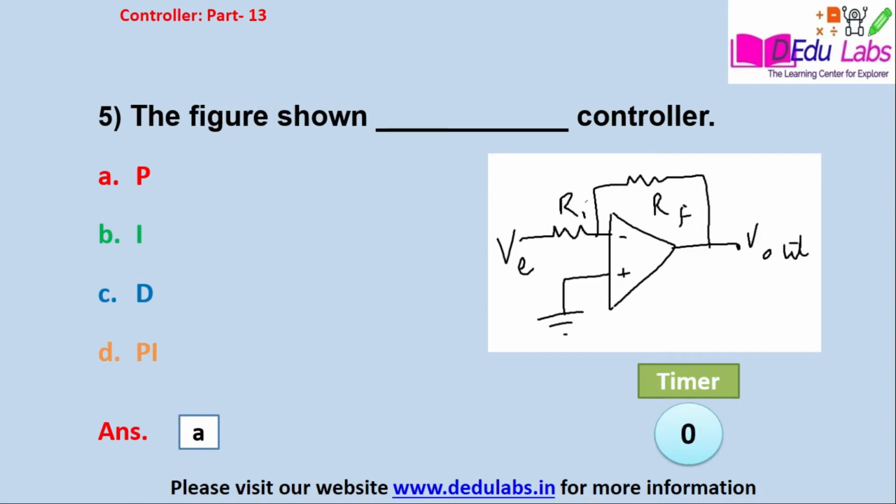And we know that RF upon R1 are both constant terms, so we can put them as a proportionality constant, that is Kp. So here the output equation looks like V out is equal to minus Kp into VE. And the negative sign means it works like a reverse proportional control. So here the output is option number A, proportional controller output.